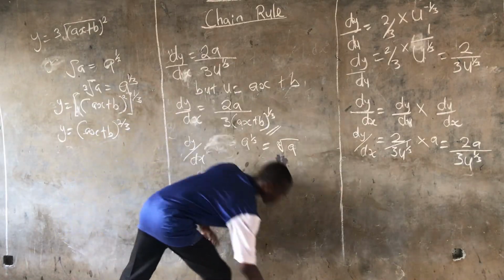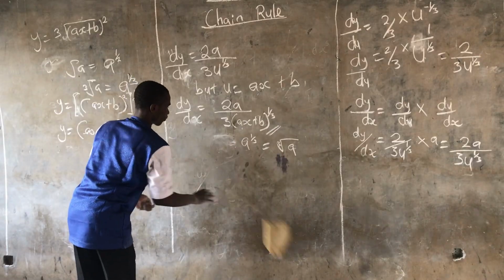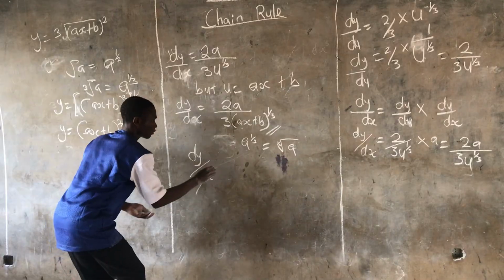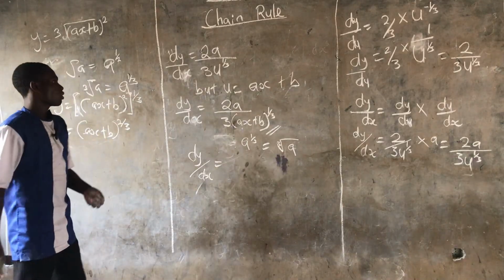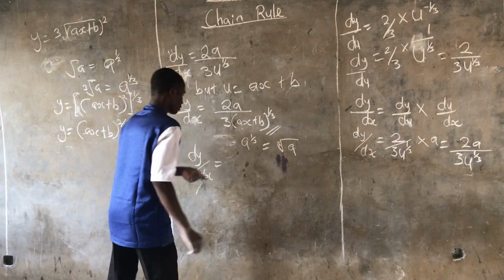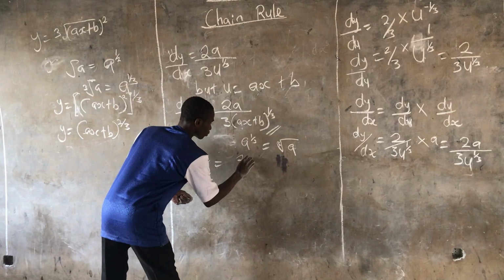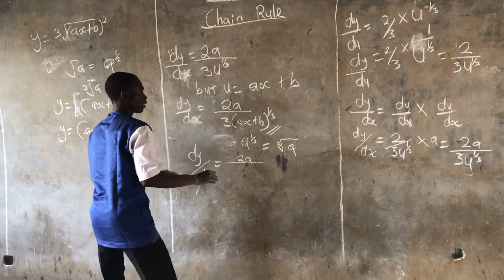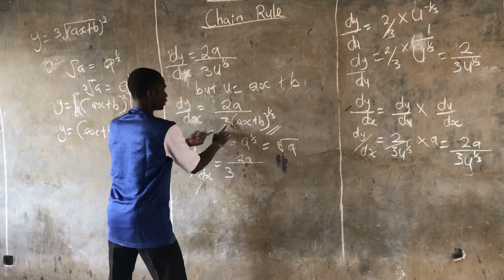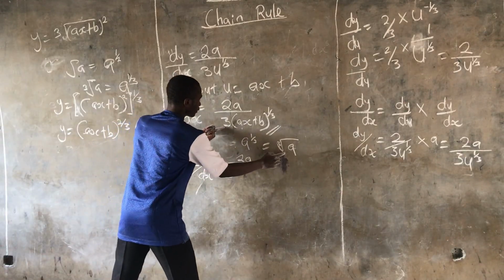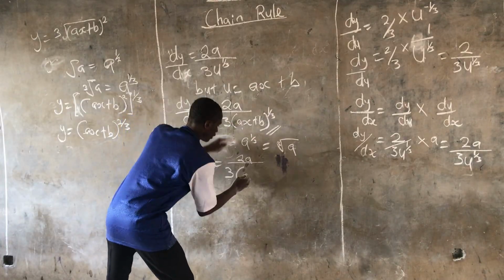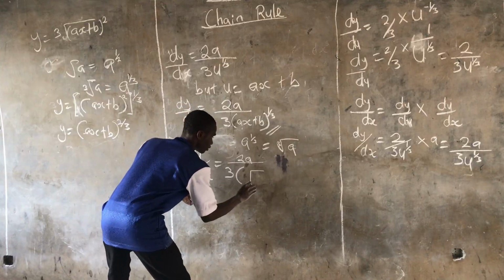dy over dx is equal to 2a all over 3, bracket, the cube root of ax plus b.